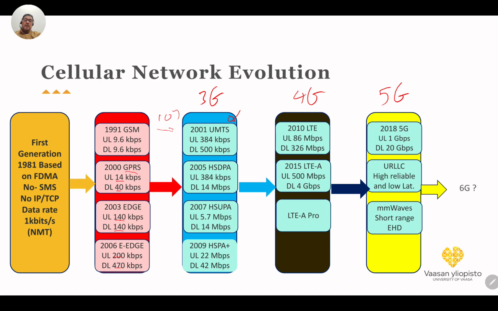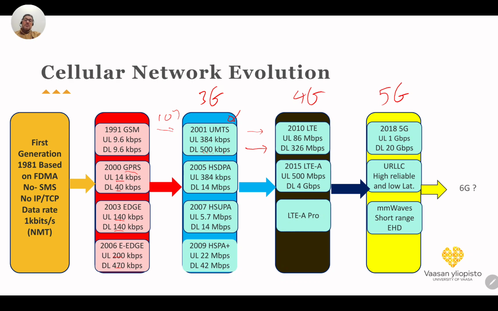And also about 10 years here, you can see that 500 kilobit per second has gone up to 326 megabit per second. So the increase here is slightly less than 1000 times, maybe about 800 times.